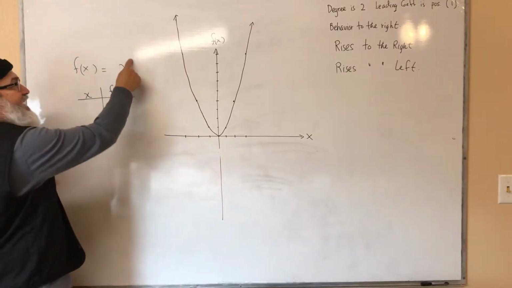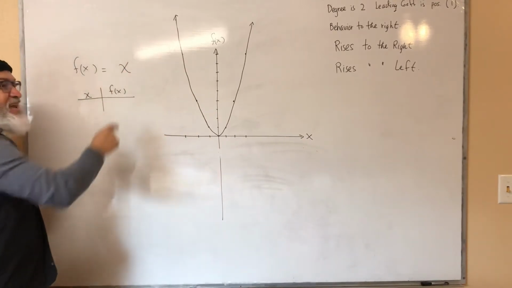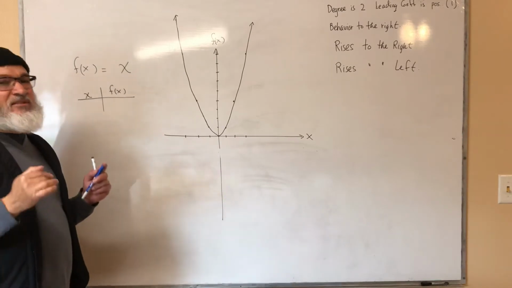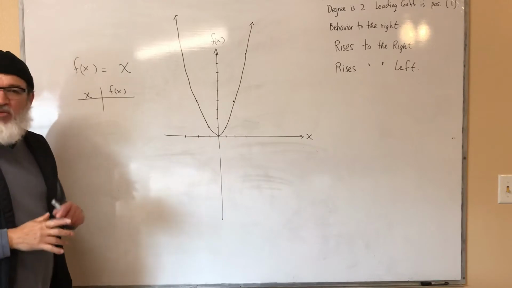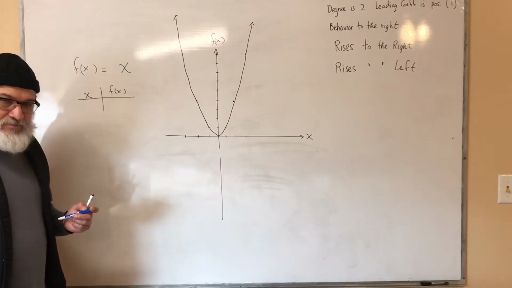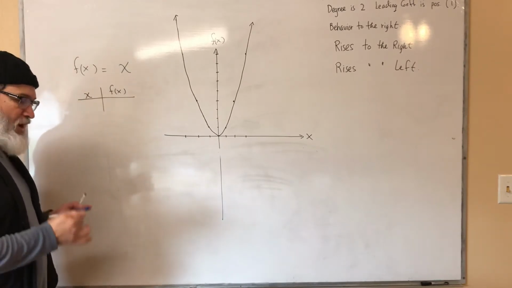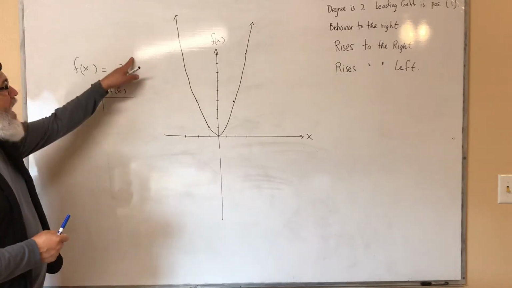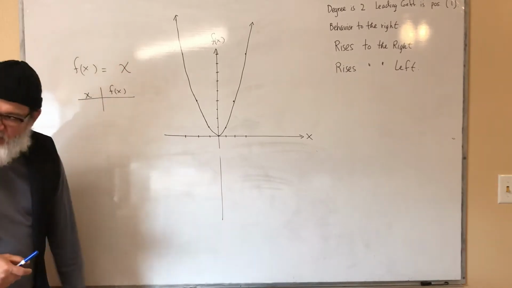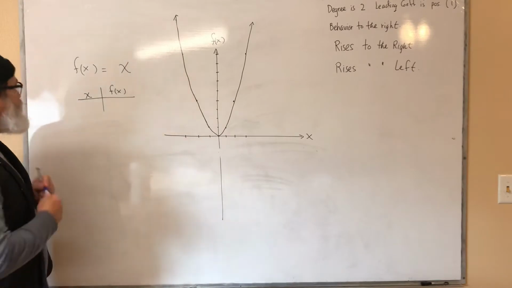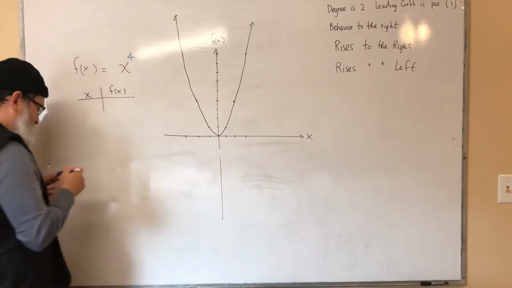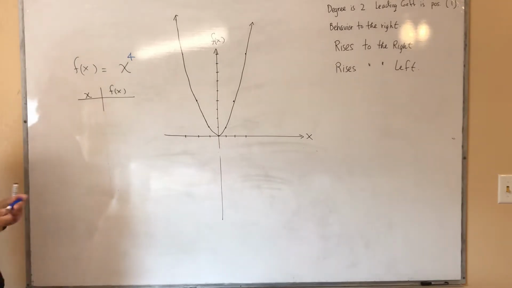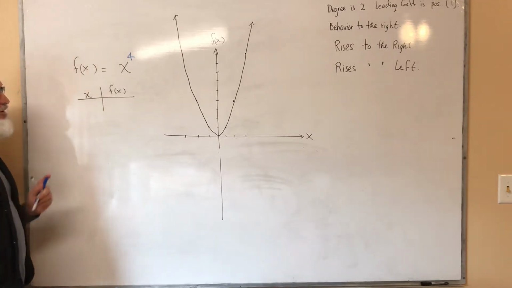Because if the power is negative, or if the degree is negative, then we no longer have a polynomial function. In order for it to be a polynomial function, this power must be positive. So let's make this degree 4. And watch, it's going to have the same behavior.